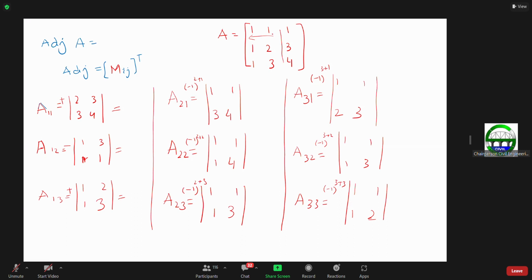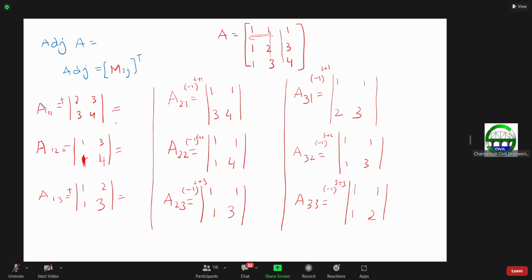Okay, in here it's gone. This one and this one, 1, 3, 1, 4. Okay, so it is this one. So please calculate this one.